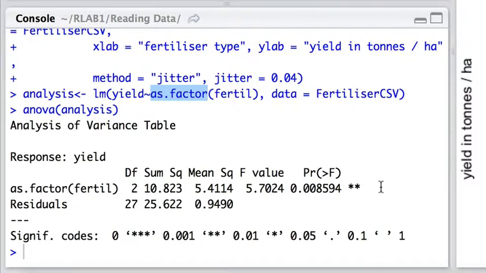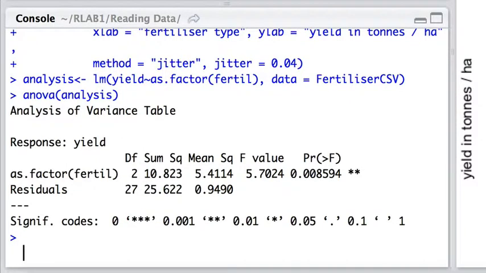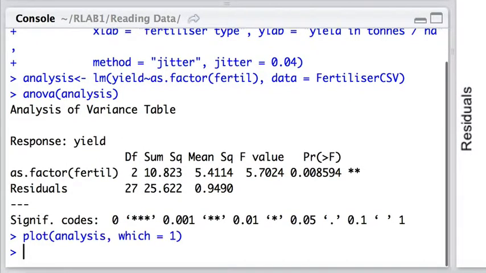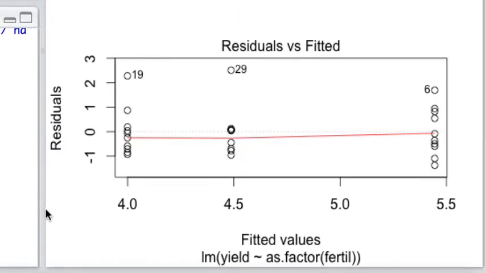So let's have a look first of all at the plot of the residuals, and here what I'm saying is plot, and this object of analysis has many different features, including an ability to plot the residuals, and that's the very first plot. So I'm saying which equals 1, and here you'll see the residuals versus the fitted values.